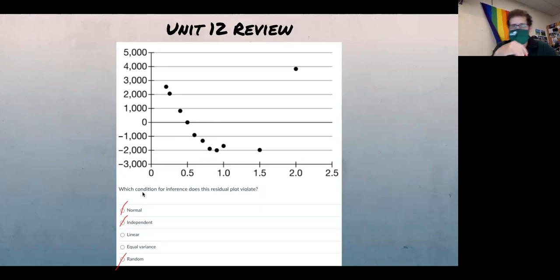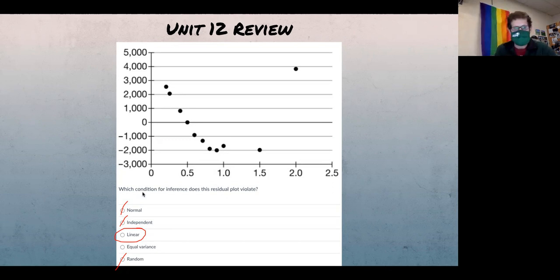Now, in my opinion, linear is the better choice, that it violated this. And it's not to say that that is the absolute choice and equal variances being met. But it's a tough call between those two, but there's a very clear nonlinear trend to it. So I think that's, in my opinion, the better answer for this one.